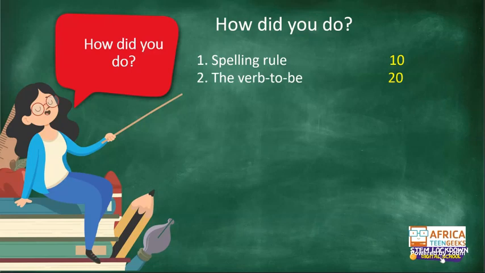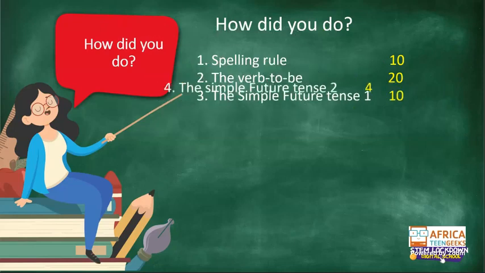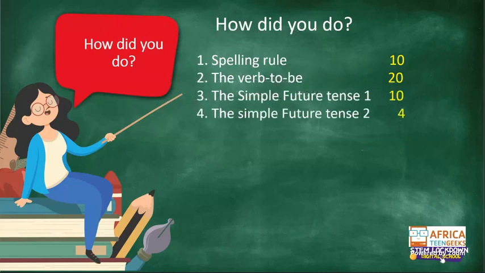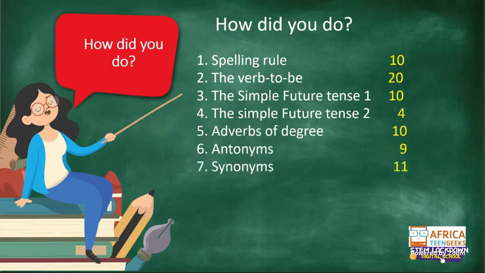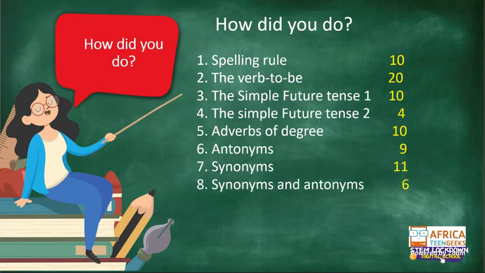So here with the marks, the spelling rule was 10, verb to be 20, simple future tense 1 was 10, simple future tense 2 was 4, adverbs of degree was 10, antonyms was 9, synonyms was 11, and the mixed one was 6. Altogether, I get 80. Can you add your marks up and give me a mark out of 80? I'd love to see how you did.